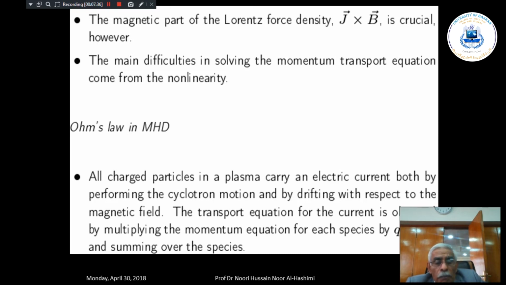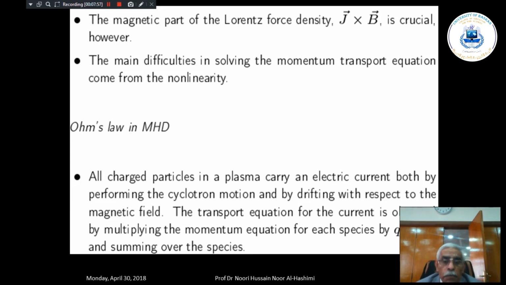Ohm's law in Magneto Hydrodynamics. All charged particles in a plasma carry an electric current, both by performing the cyclotron motion and by drifting with respect to the magnetic field.